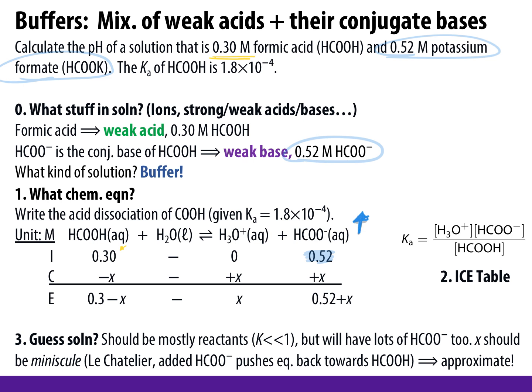When we did that, that shifted equilibrium back even further to the left, which makes X even smaller than it would be otherwise. So that means that we'll definitely be able to approximate. We don't run any risk of the approximation failing. Again, because of this Le Chatelier effect of adding the common ion, causing a shift back to the left.